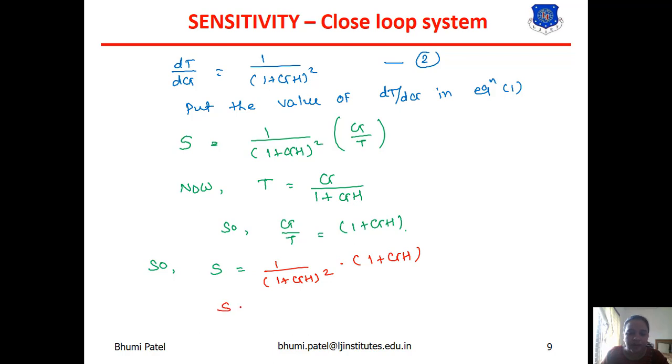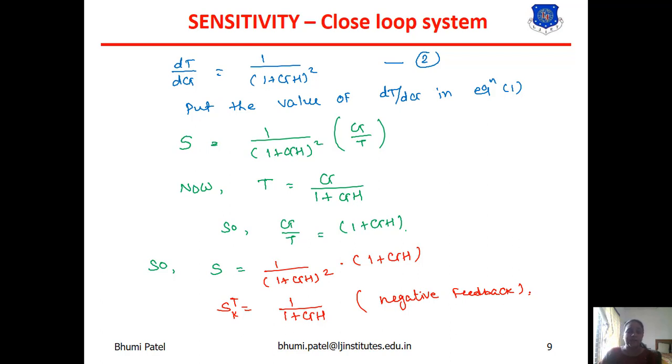So we get S is equal to 1 upon 1 plus GH. This is the sensitivity equation for the closed loop system where the feedback signal is negative. So it is the equation for the negative feedback.